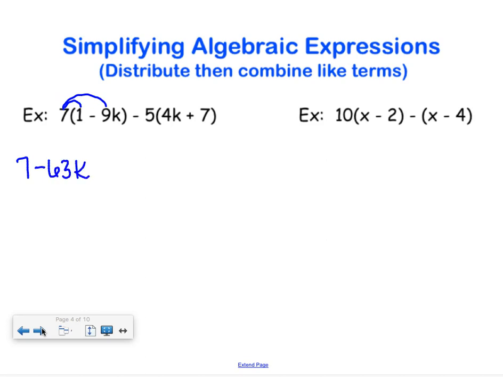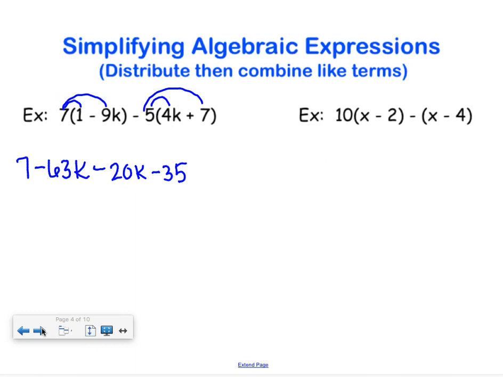Then I'm going to keep following my equation here, so then I have a minus. Okay, now I'm going to take 5 times 4k and get negative 20k. And then negative 5 times 7 would be negative 35, right?